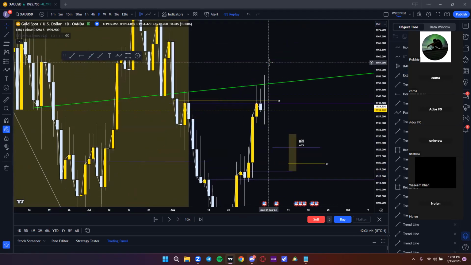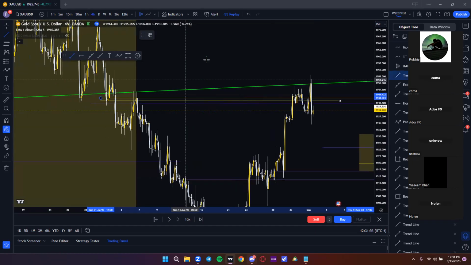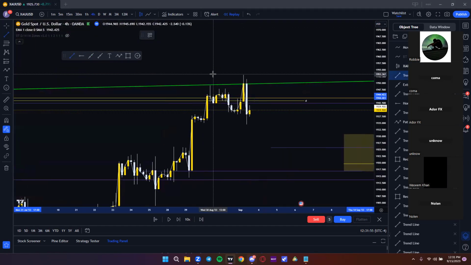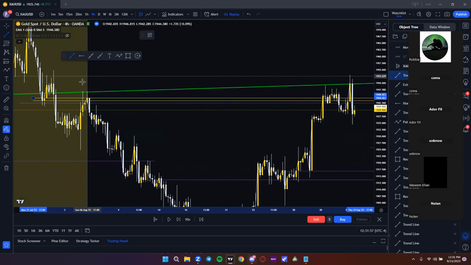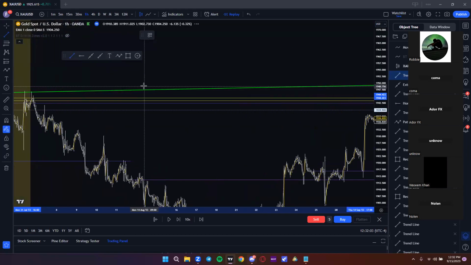There was enough confluence, and even on daily you can see we got this H4 level. There is also another level on H1, I remember taking this.